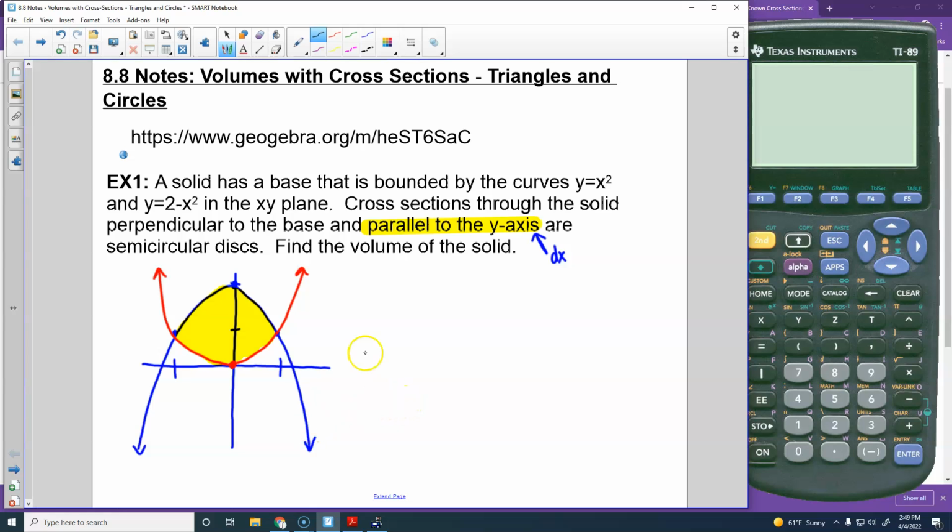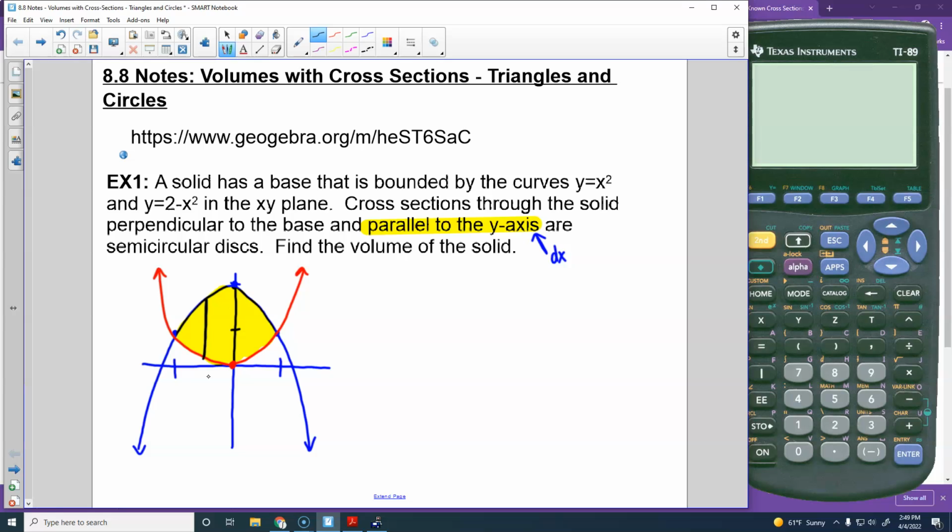So we are going to have cross sections that are parallel to the y-axis. If we think of drawing that in, something like this, we'll put this little slice right here. You see perpendicular more often.